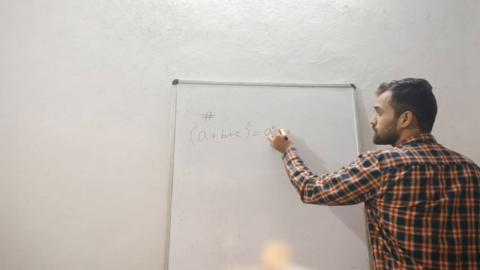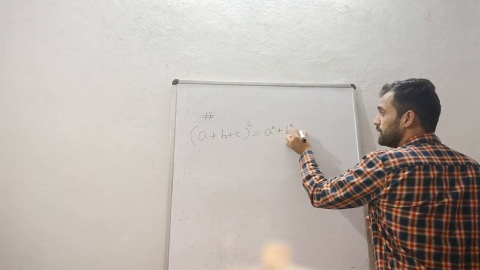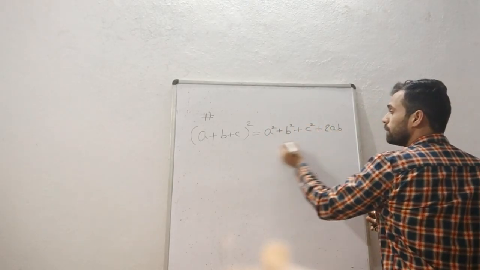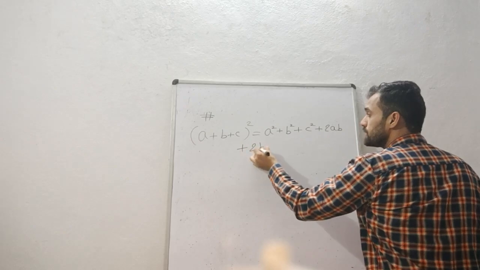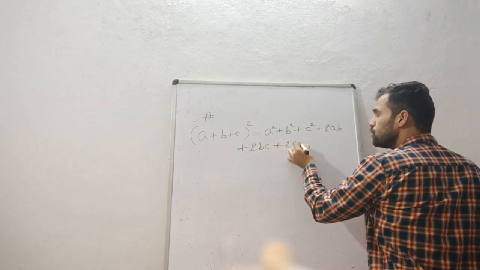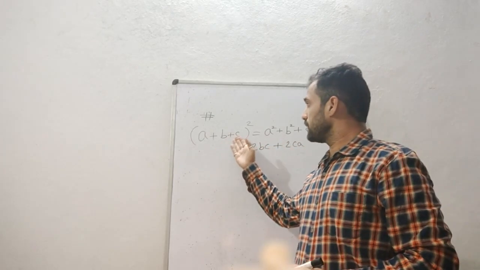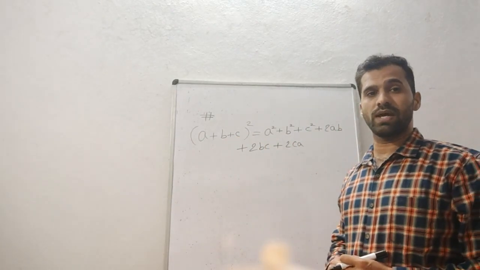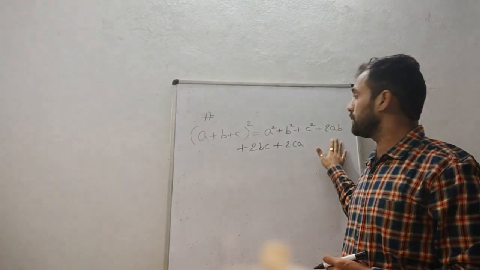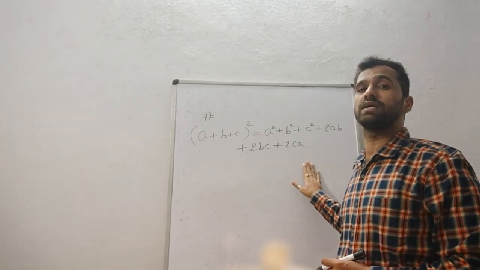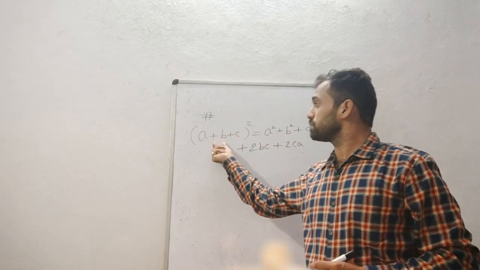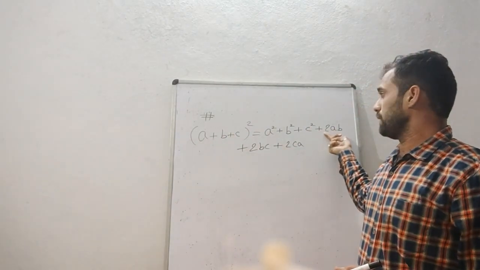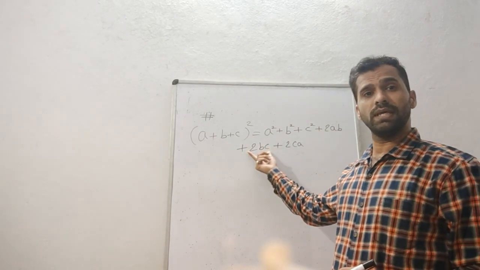How will it come? (a plus b plus c) whole square is equal to a square plus b square plus c square plus 2ab plus 2bc plus 2ca. If in place of plus b we have a minus b, put minus 2ab here and minus 2bc here.